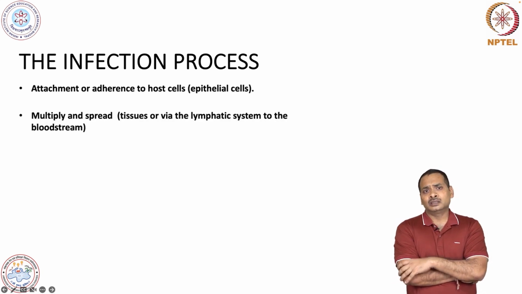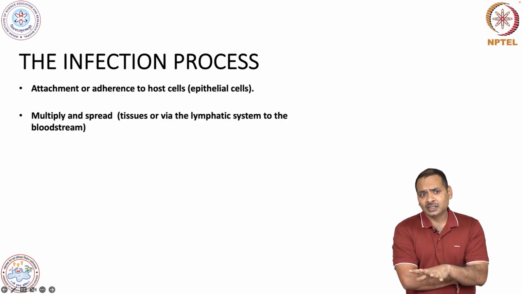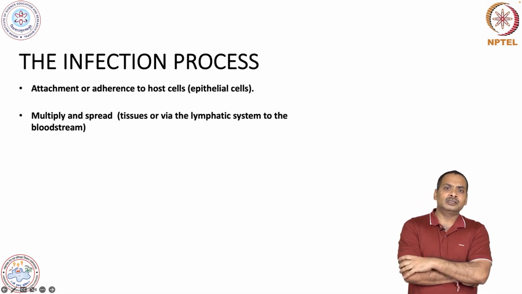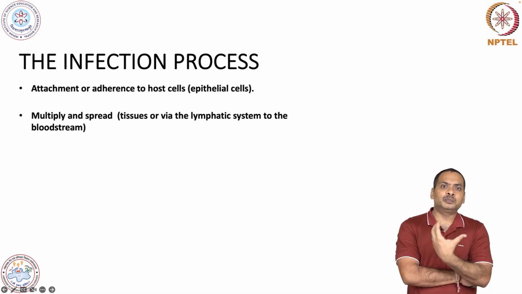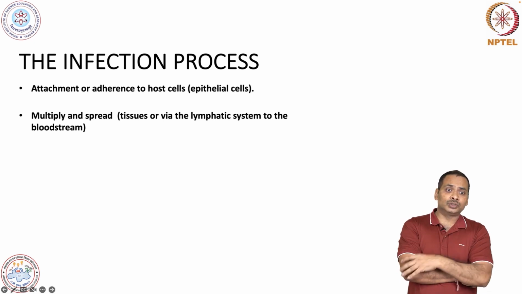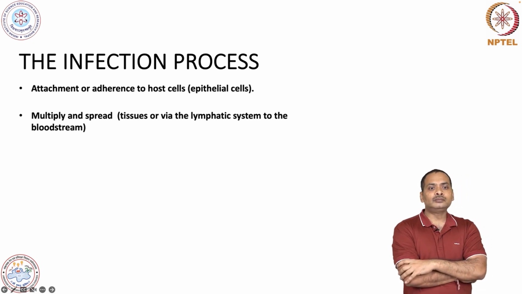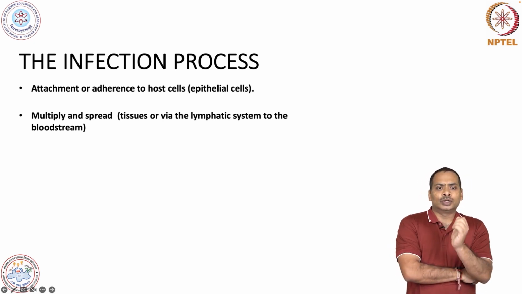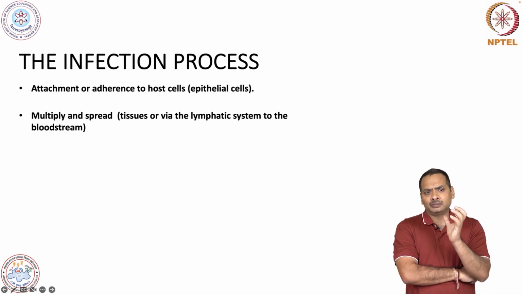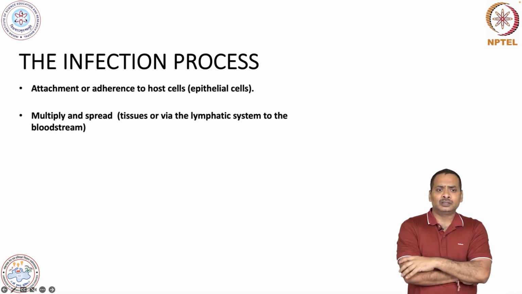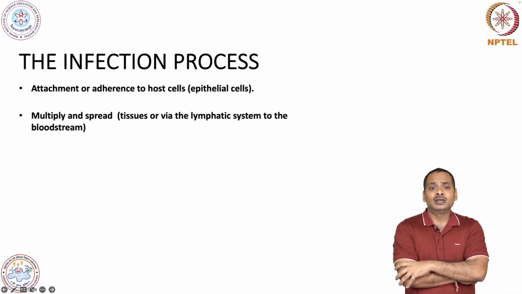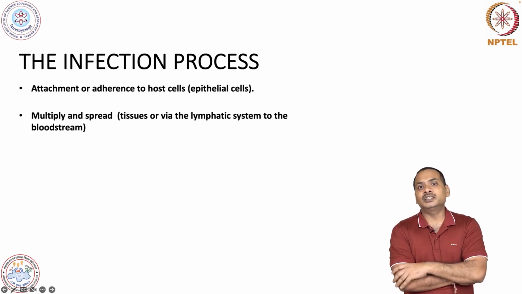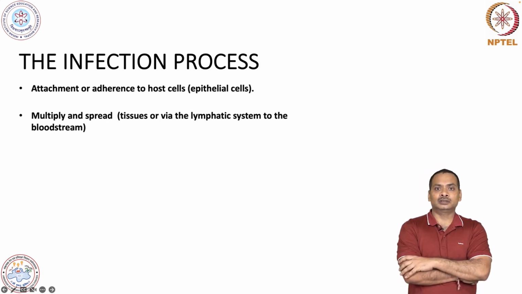Another step is, once they attach, they will multiply over there and spread using the host resources. So this multiplication and spread over the tissue is via the lymphatic system to the bloodstream. Okay.